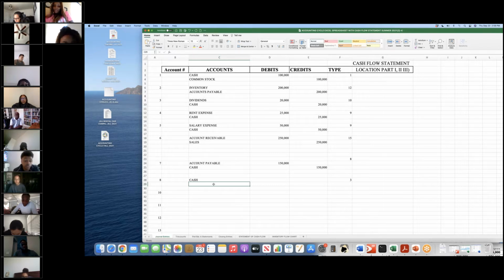And what's the credit to? Accounts payable or accounts receivable? Receivable. Here goes our amount: 200,000.